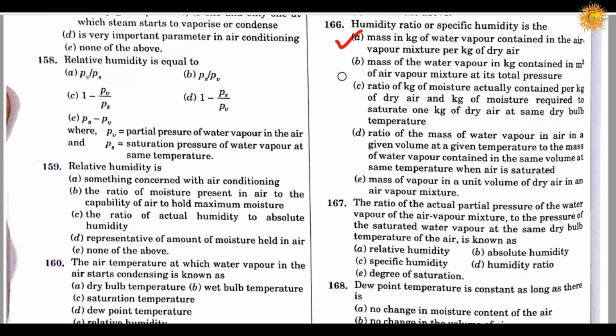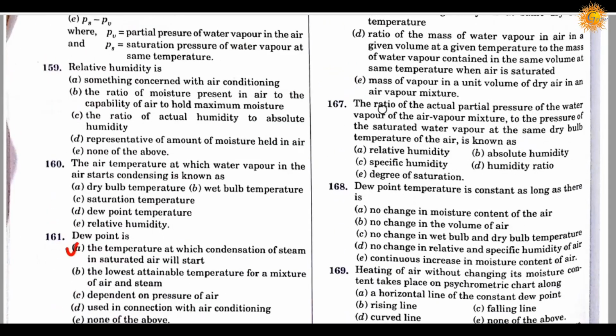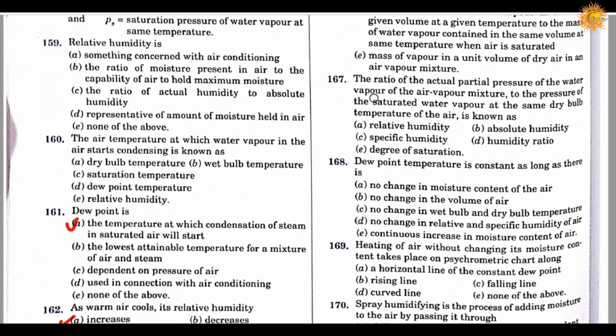Question number 167. The ratio of the actual partial pressure of the water vapor of the air vapor mixture to the pressure of the saturated water vapor at the same dry bulb temperature of the air is known as: option A, relative humidity; option B, absolute humidity; option C, specific humidity; option D, humidity ratio; option E, degree of saturation.